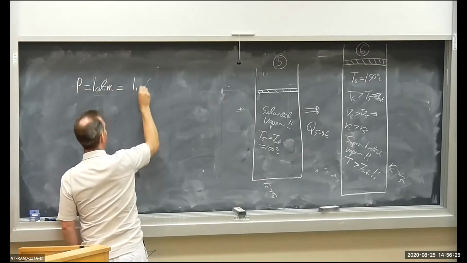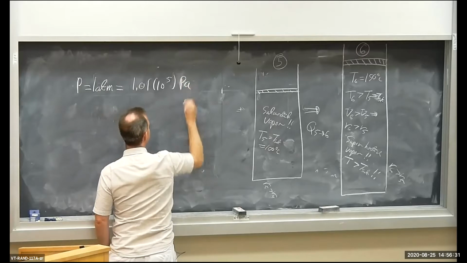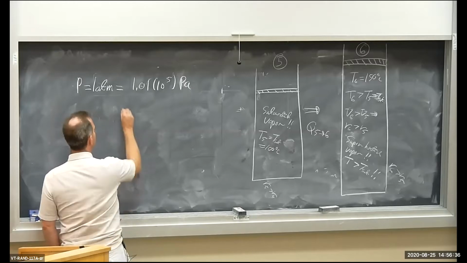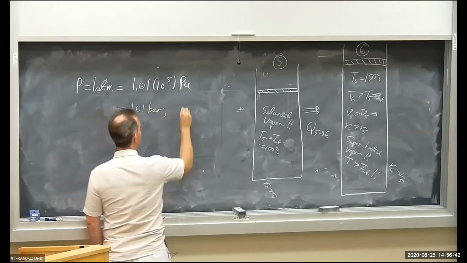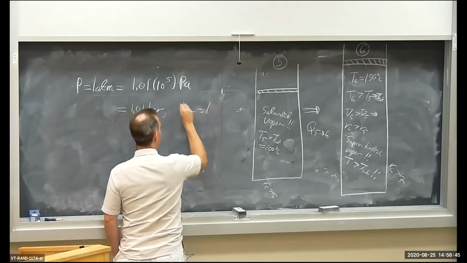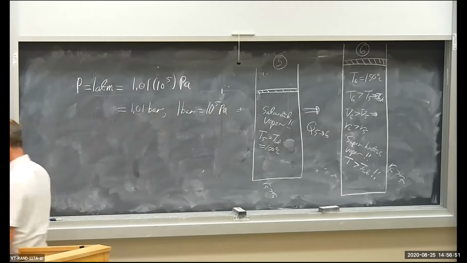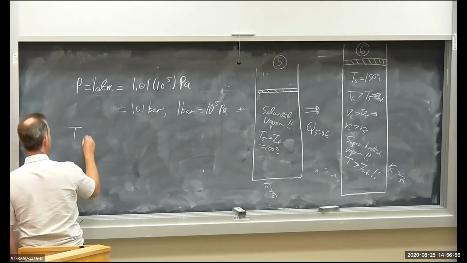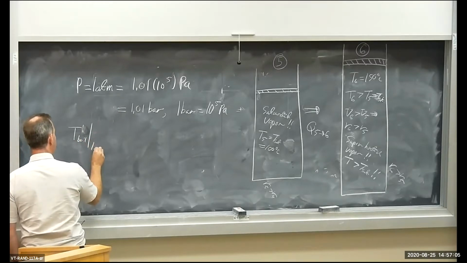It's about 1.01 times 10 to the 5th pascals. Or if you like, 1.01 bar. 1 bar is equal to 10 to the 5th pascals. That's what a bar is from metric. So let's find out the temperature T boil, the boiling temperature at 1 atm.